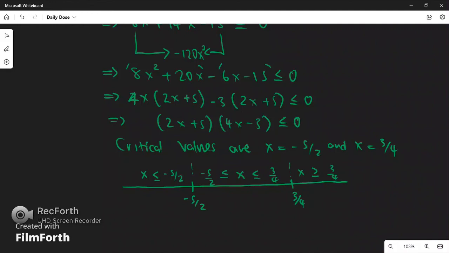So when you put 1 in these two factors, you'll see that you will get a positive expression, which shows us that we have a positive sign here, and then the signs oscillate and we get that. So therefore the solution that we are looking for is simple, x greater or equal to -5/2 and less than or equal to 3/4.